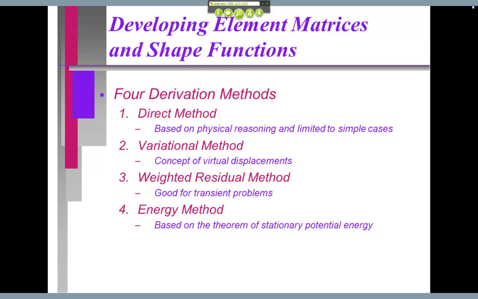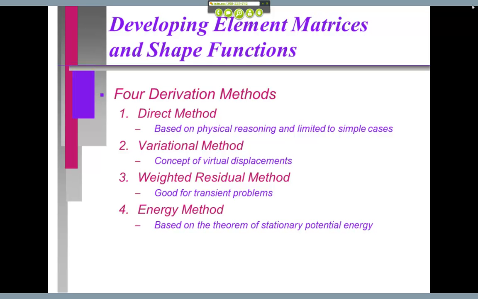So for doing the shape function, for developing the single representation of how an element behaves, there are 4 different approaches that you can use to come up with that general formulation. The first one is a direct method. The direct method goes back to your strength of materials. You look at it, observe it.